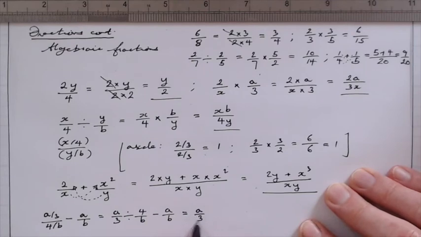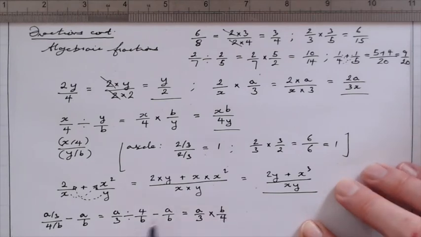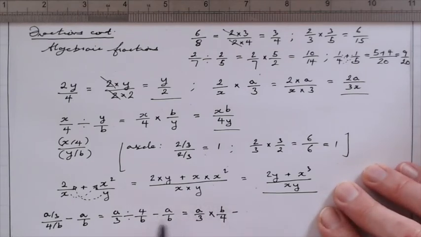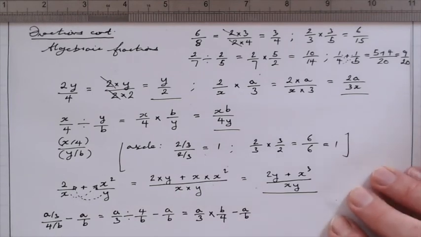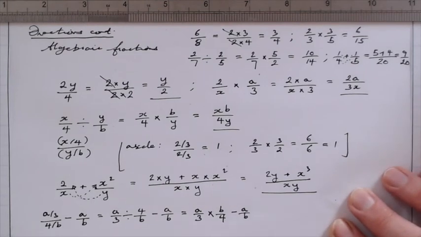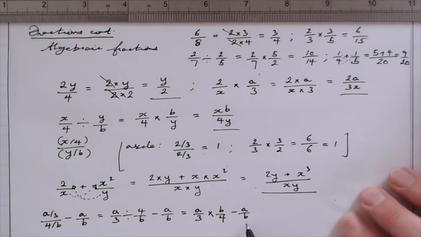So it's a over 3 times, and then I flip that second fraction, b over 4. And then again, once I've done this, I need to subtract a over b. Notice it's very important to get the operations in the right order. I have to deal with this bit first, and so I'm just writing take away a over b to remind myself that once I've dealt with this mess, I can finally subtract a over b.